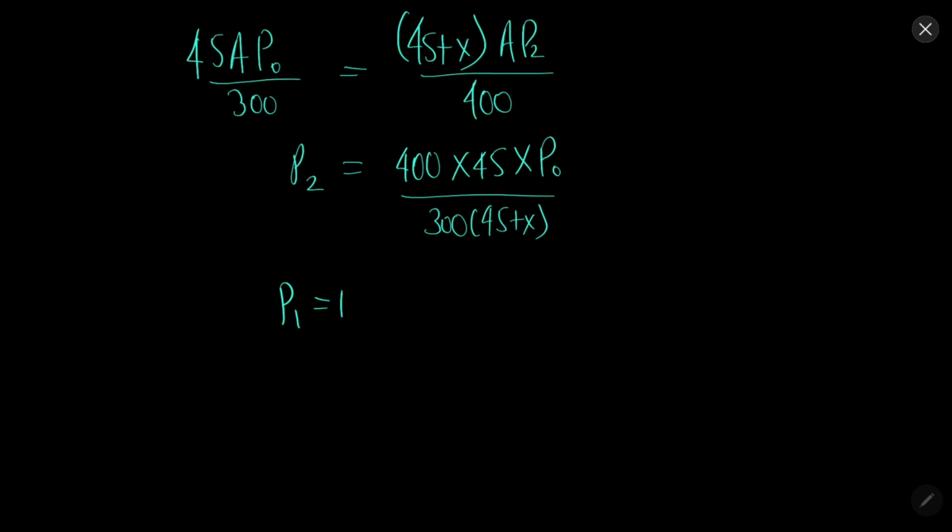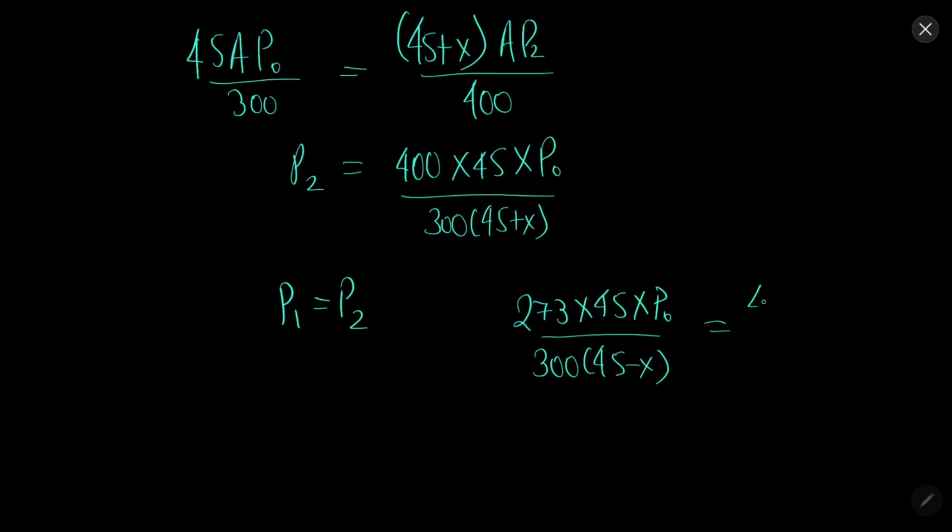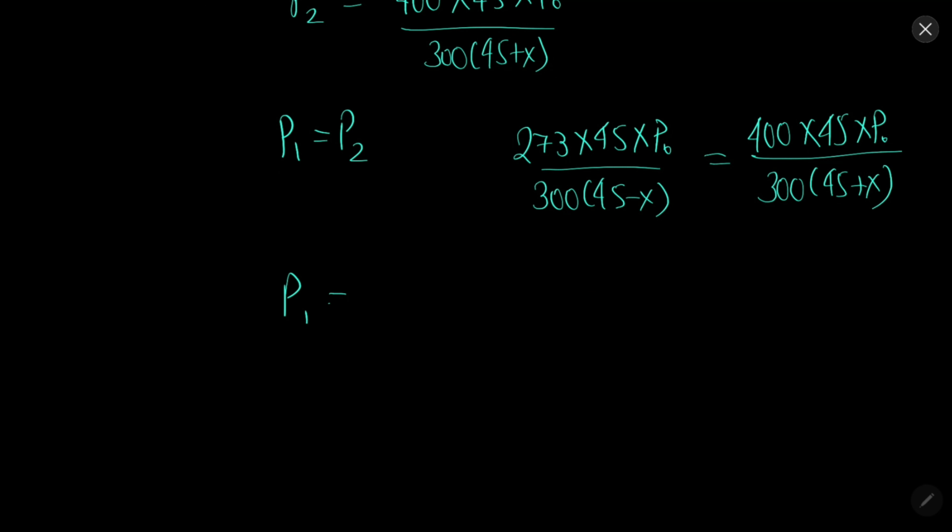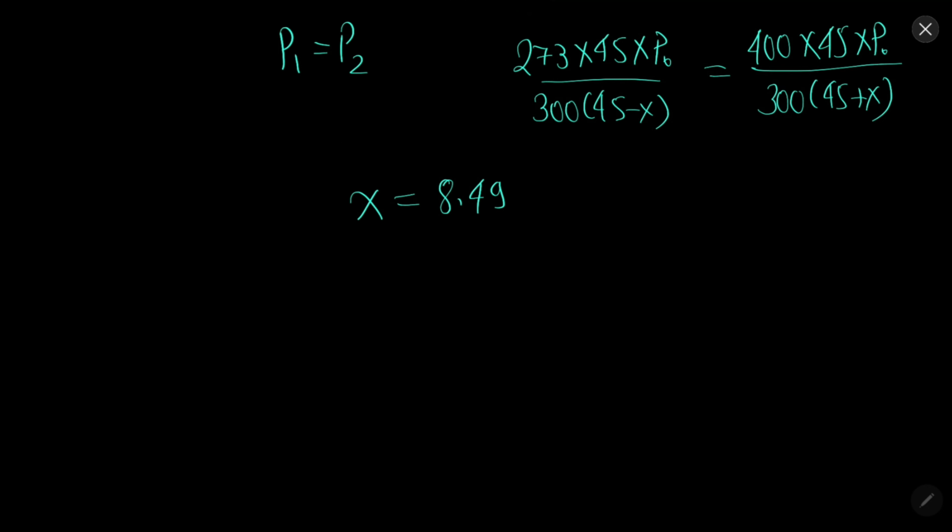So 273 into 45 into P0 over 45 minus X equals 400 over 300 into 45 plus X. So X will come out to be 8.49.